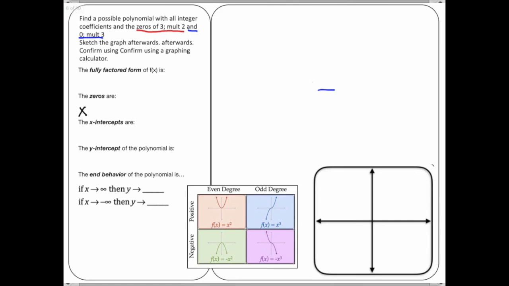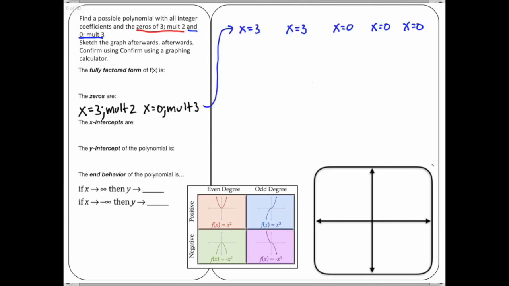So we've got x equals 3 multiplicity 2, and x equals 0 multiplicity 3. So what I'm going to do is set this up, forgot to write the 3 there, so we can see how we're going to build this polynomial from each piece broken down here.